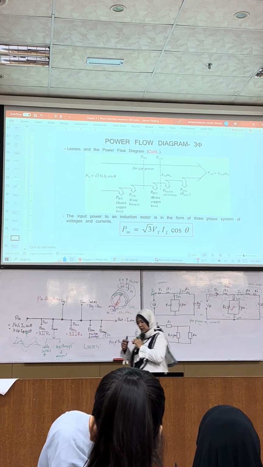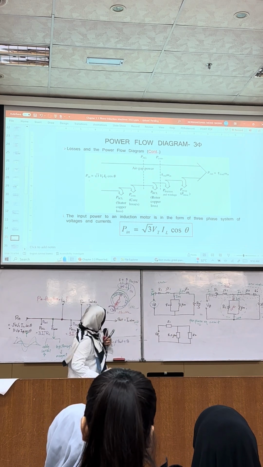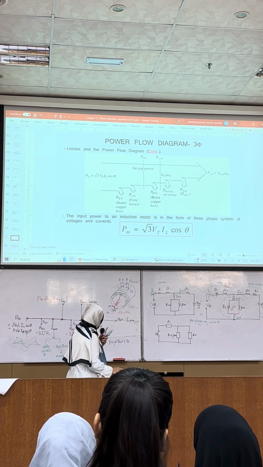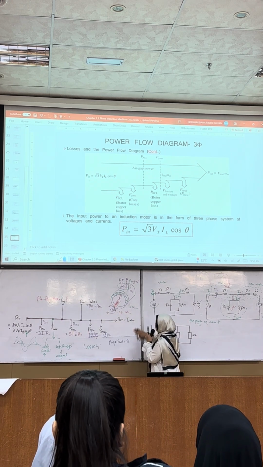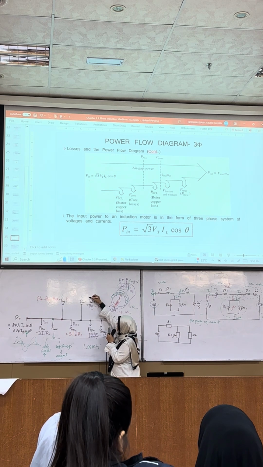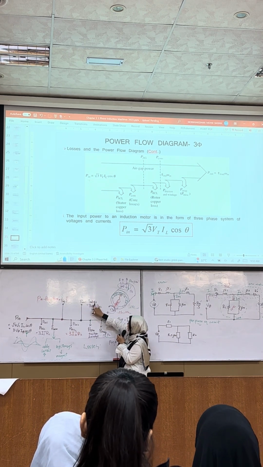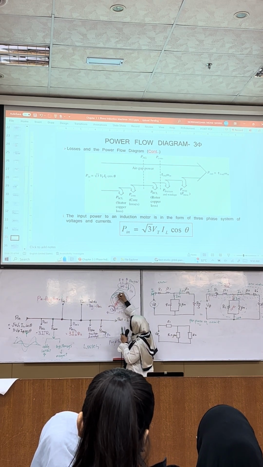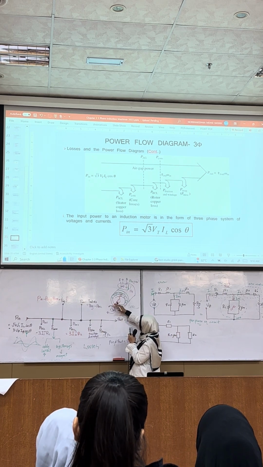Okay, there is an alternative equation for this. P out: previously we calculated the converted power using the induced torque versus synchronous speed, which is here in the middle between stator and rotor.